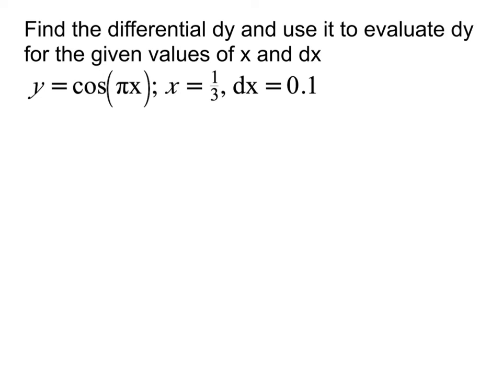And so that tells you to go, let's go back to your notes. So dy equals f prime of x times dx. So what's telling us then is the very first thing I need to do in order to write this dy equation is I need to figure out what is f prime of x going to be. So you got to find the derivative of cosine of pi x.